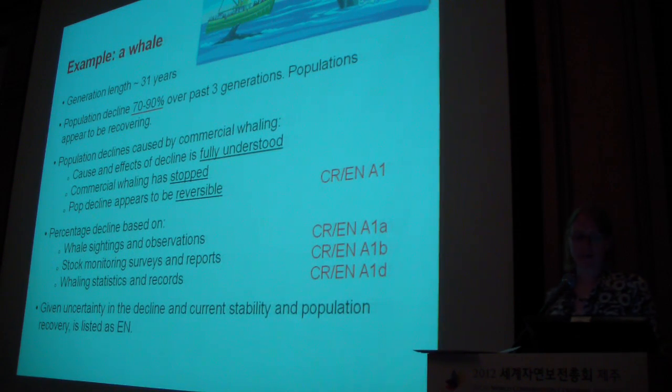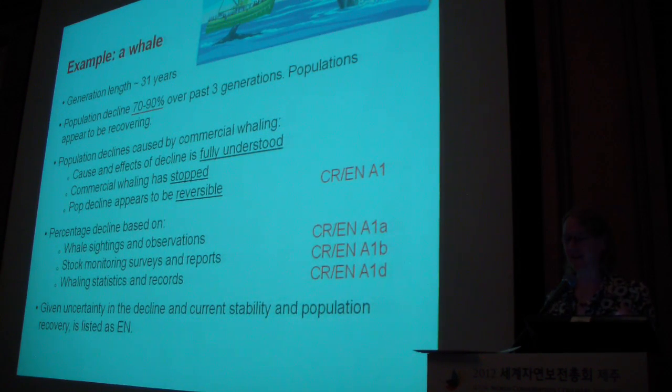So because there's a bit of uncertainty here, we have this range of 70 to 90% reduction. It would be up to the assessor to decide, is the figure actually 70% or is it 90% or is it somewhere in between those two? So does it still meet that critically endangered category, or does it meet that endangered category instead?